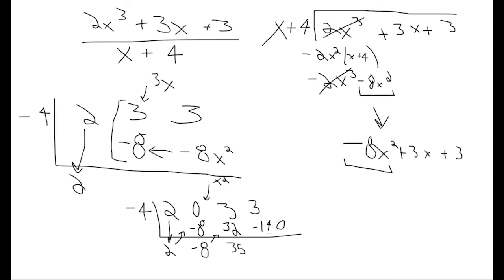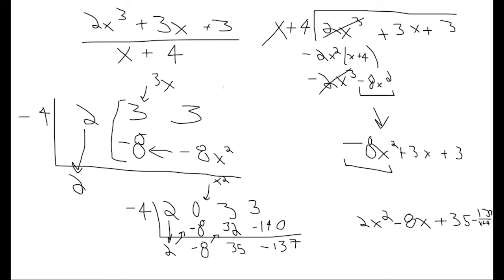And then this negative 140 plus 3 is negative 137. Okay. All right. So what we would end up getting is 2x squared plus 3. Oh, sorry. Minus 8x plus 35 minus 137 divided by x plus 4.